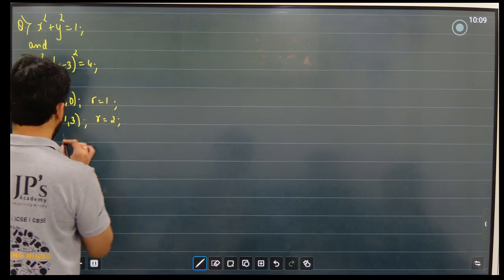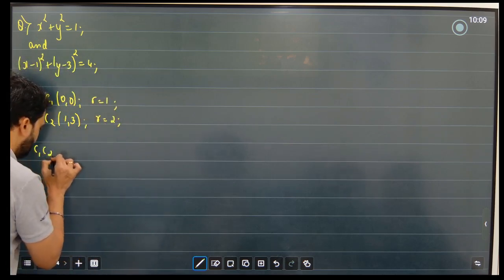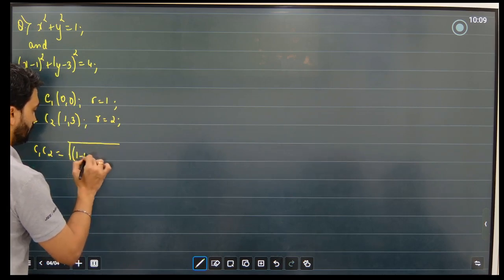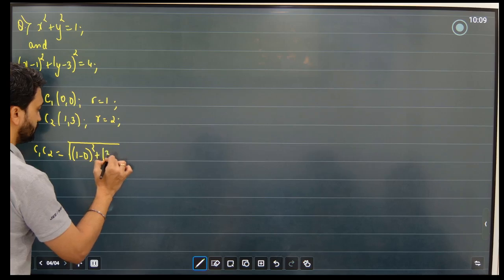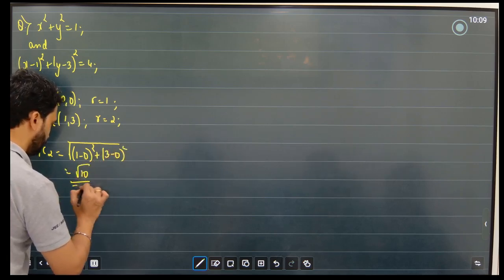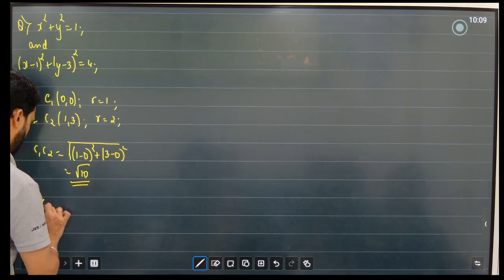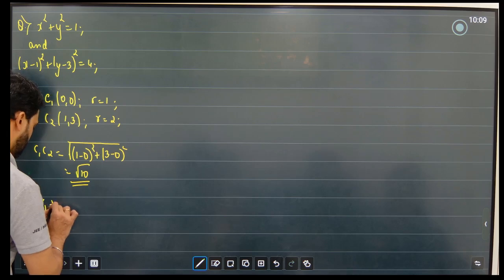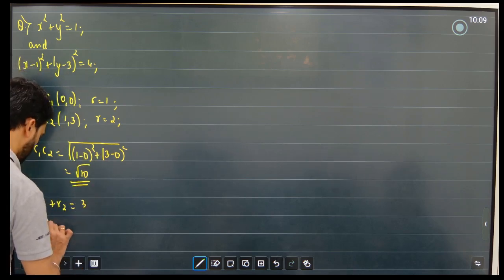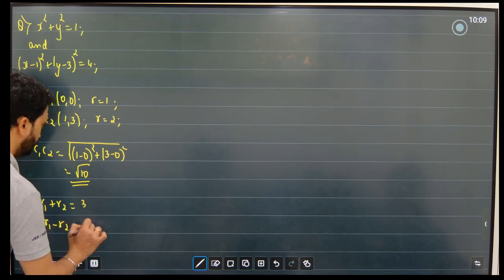Now I will find the distance between the centers. C1 C2 is the square root of (1 minus 0) the whole square plus (3 minus 0) the whole square, which is root 10. R1 plus R2 is 3 and R1 minus R2 is equal to 1.